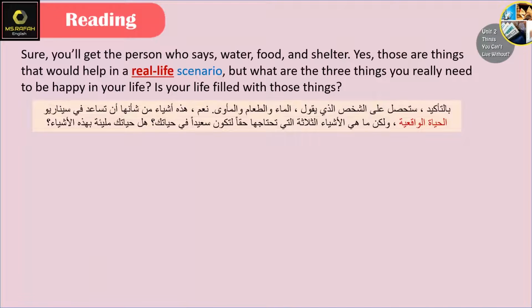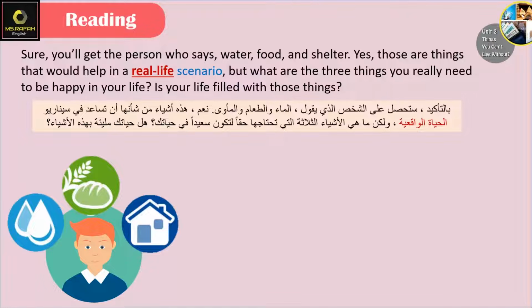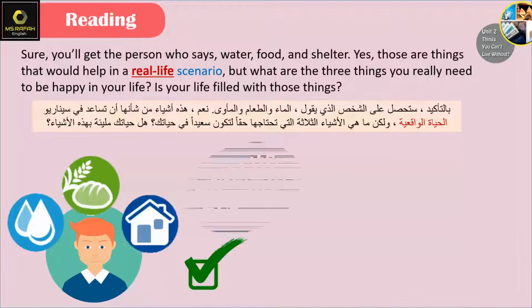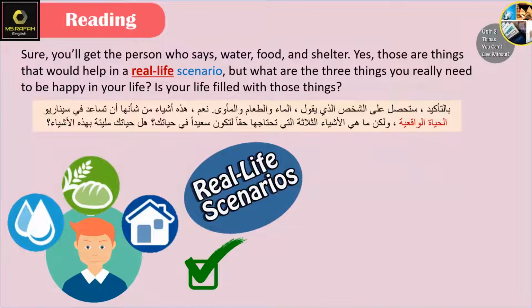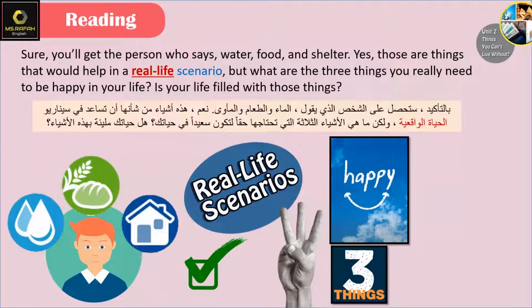Sure, you'll get the person who says water, food, and shelter. Yes, those are the things that would help in a real-life scenario. But what are the 3 things you really need to be happy in your life?